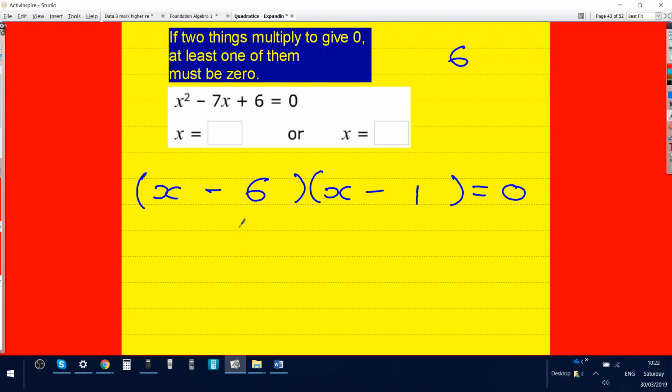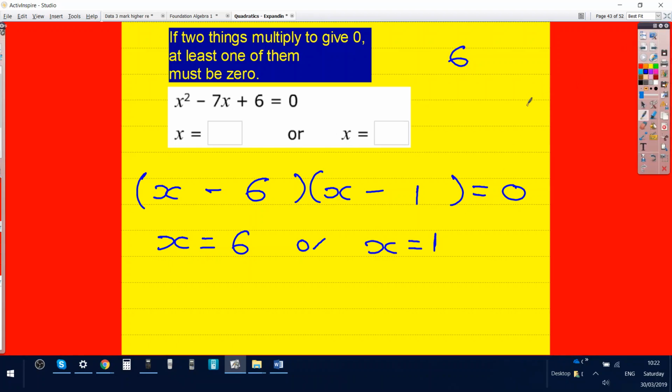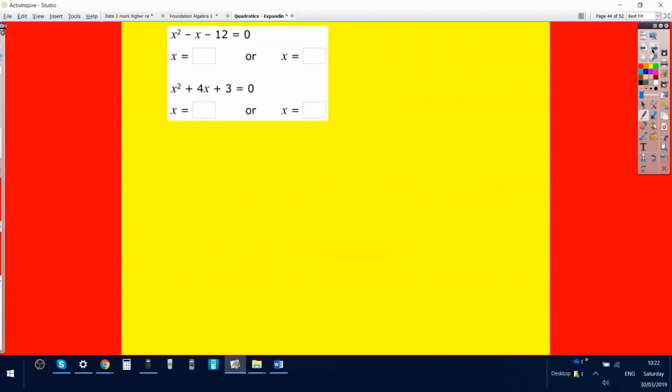So, to get to 0, would x be positive 6 and then x be positive 1? Well done. Any questions about that? No. Okay, so factorizing it puts it into the form of one thing times another thing, and then you can say one thing times another gives us 0, and so either the first is 0 or the second is 0.